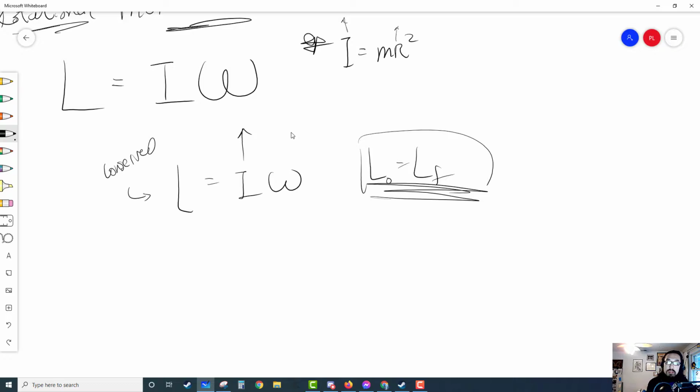Okay, momentum is always conserved unless there is an outside torque. So if your rotational inertia goes up, that means your omega goes down, right? So if you're spinning around and you extend out your arms, you will slow down.